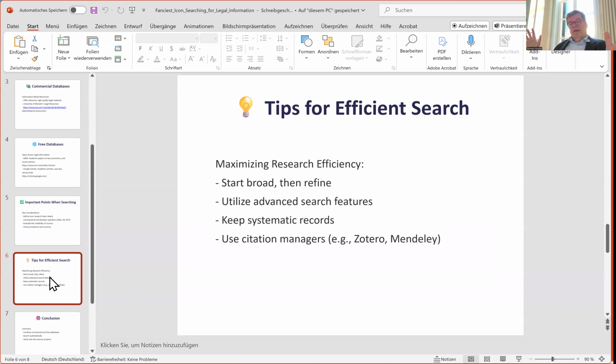In maximizing your research efficiency, start broad, then become more and more detailed. So you are trying to narrow the search in order to find advanced search features. Keep systematic records. ChatGPT is storing all your questions and the answers.